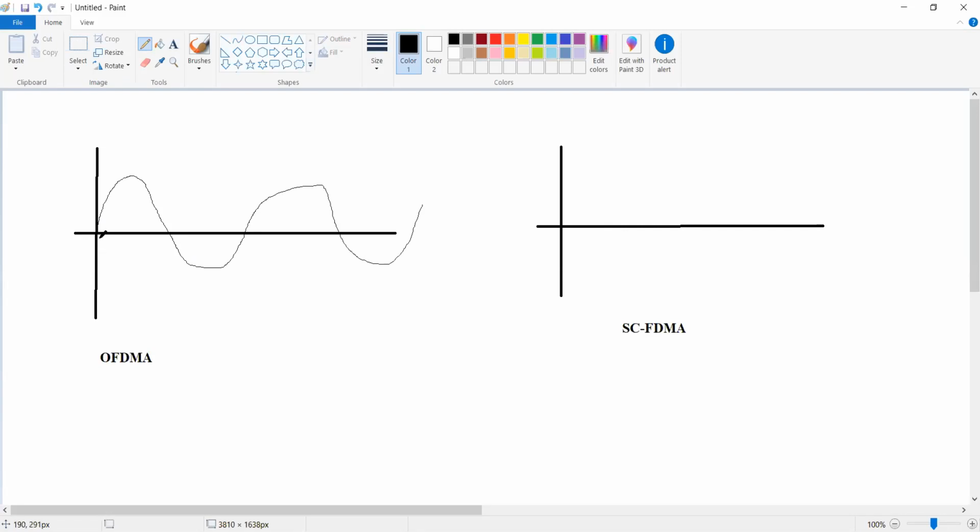The next subcarrier is reciprocal and orthogonal to the first one. In SCFDMA the next transmission may come after some gap, like this.